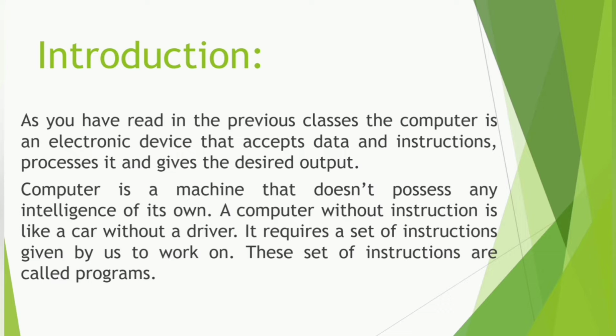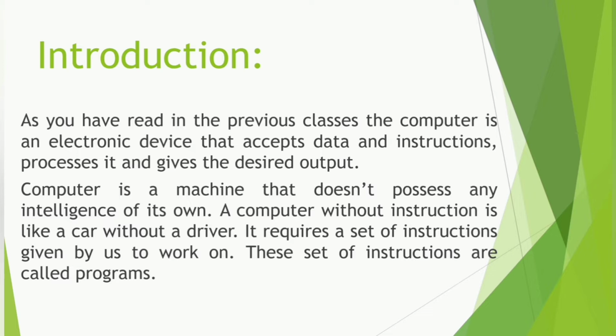As you have read in the previous classes, the computer is an electronic device that accepts data and instructions, processes it and gives the desired output. But computer is a machine that doesn't possess any intelligence of its own. Then how will it work according to the instructions?